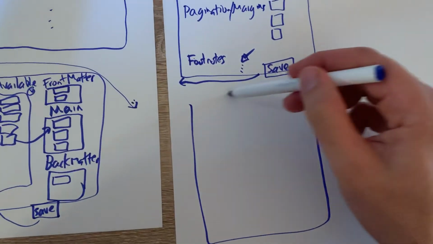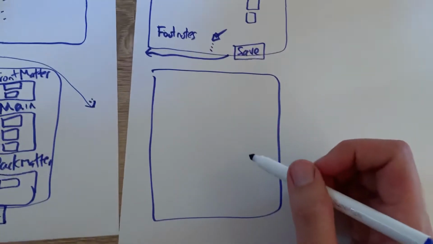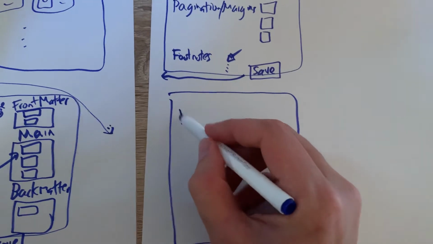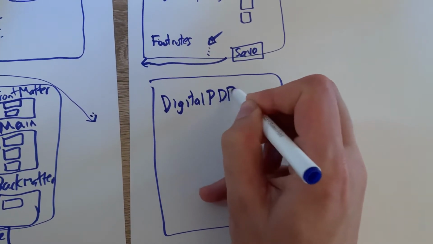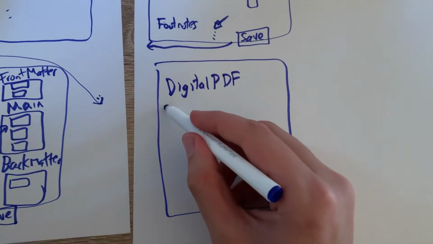And then here will be all the different options for the different formats. So here's the digital PDF format, and there will be a button.